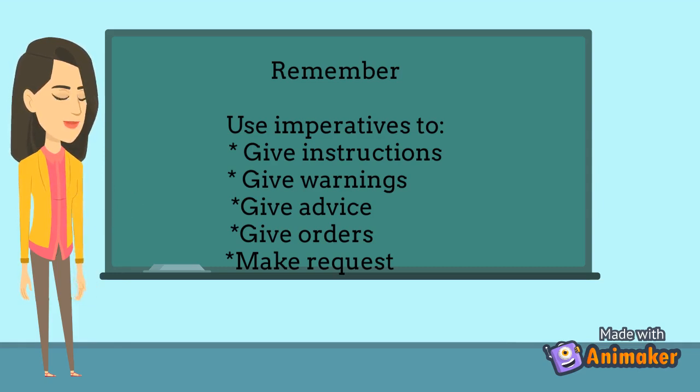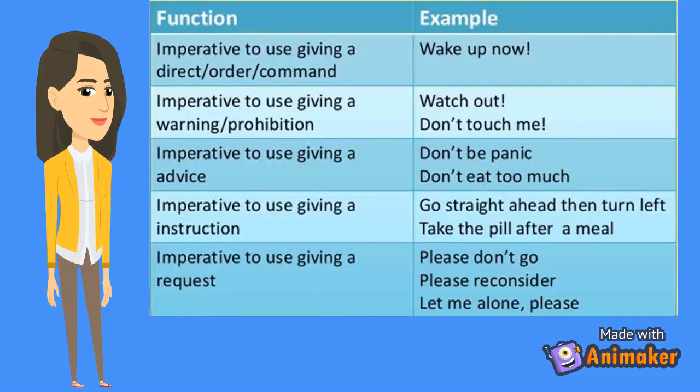Also remember, the implied subject of an imperative is always you, but the subject is not included in the statement. The imperative to use while giving a direct order or command, for example, wake up now. For giving a warning, for example, watch out, don't touch me.